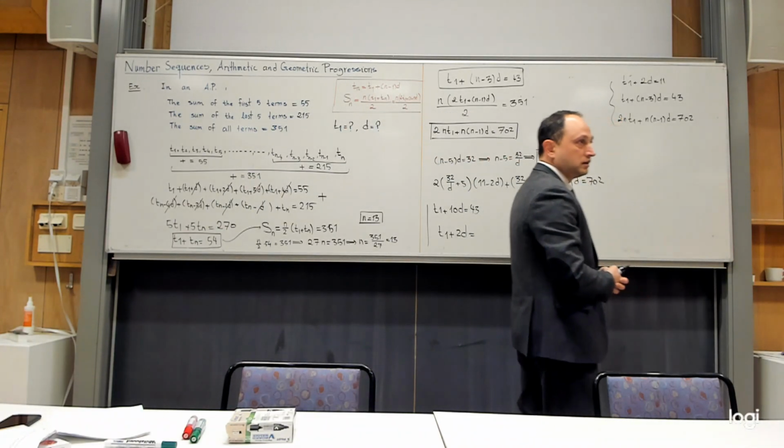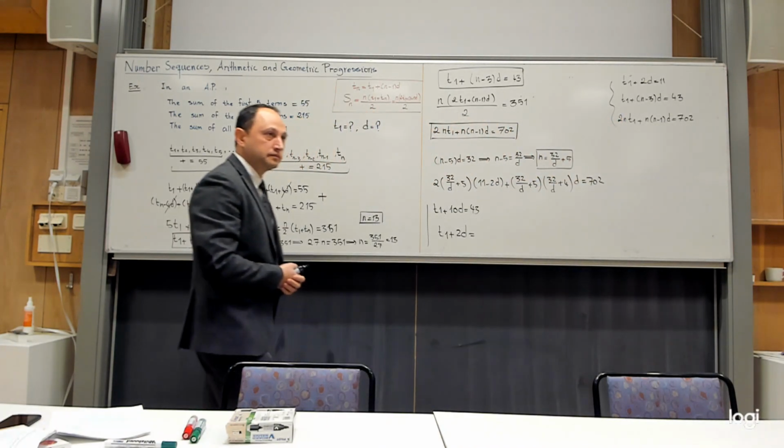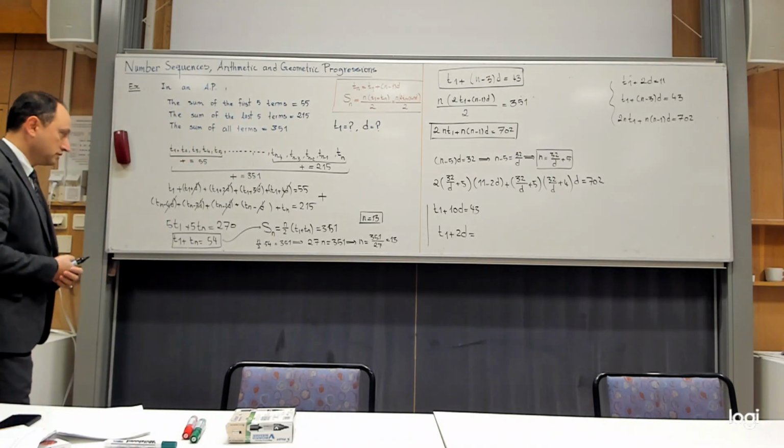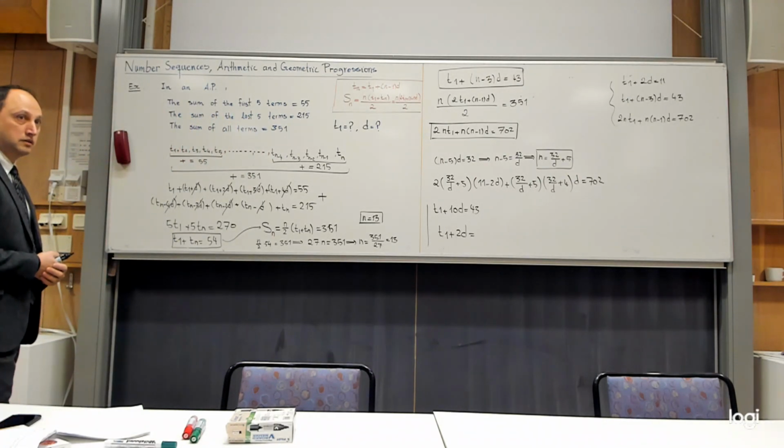Yeah, no, I mean like, now you have t1 plus tn is equal to 54, right? Yes? And instead of using the sum for all of the terms, you can use the sum for 5 terms. And then you calculate t1 from those two equations. And then you just put that t1 in the first row. Yes, I know, but it's much easier. No, it's not easier.